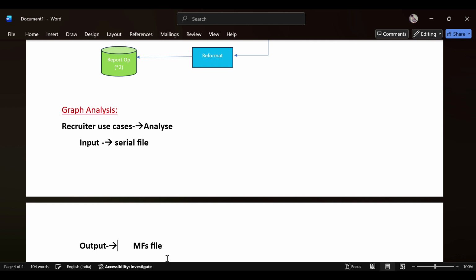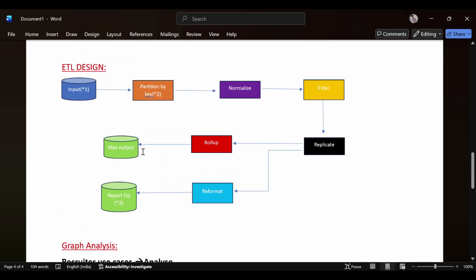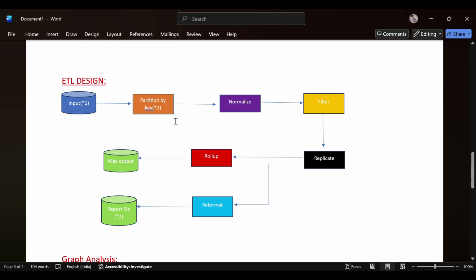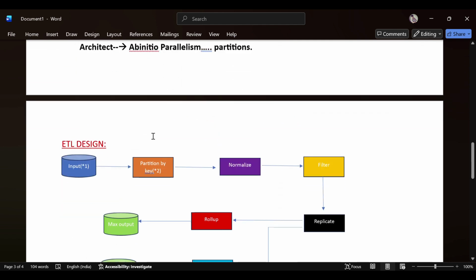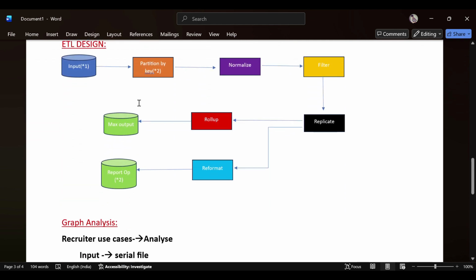The other thing is that the serial file is getting partitioned, and then it's going to various components. Here replicate is there, and the same data is going to two different components.